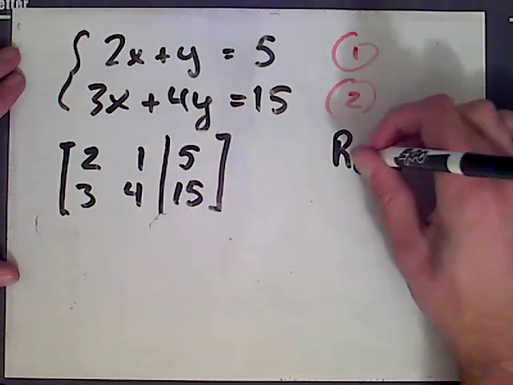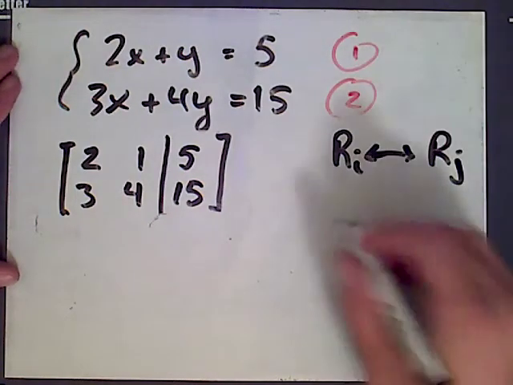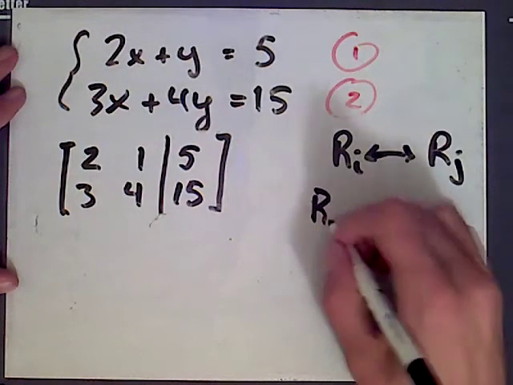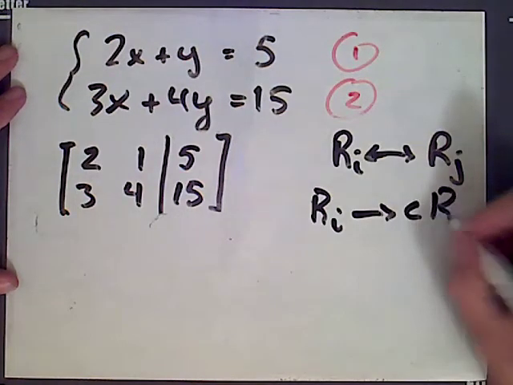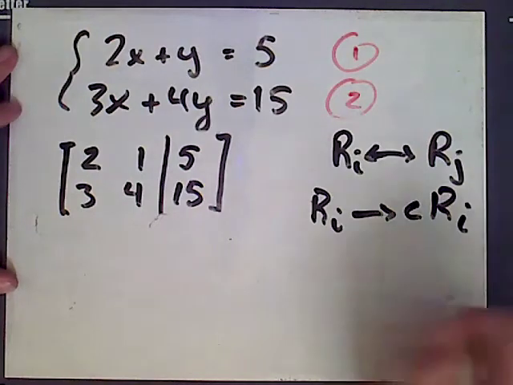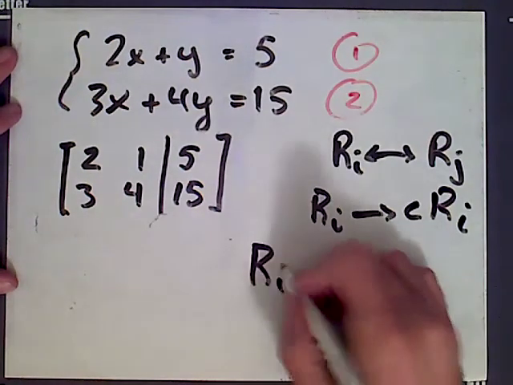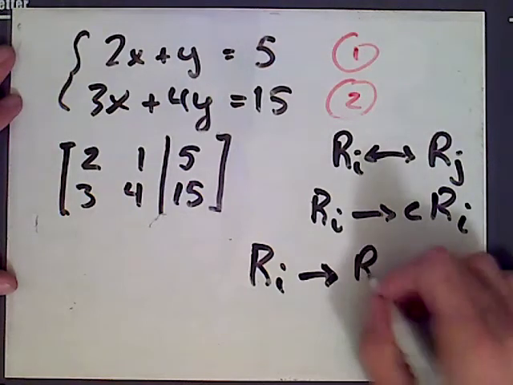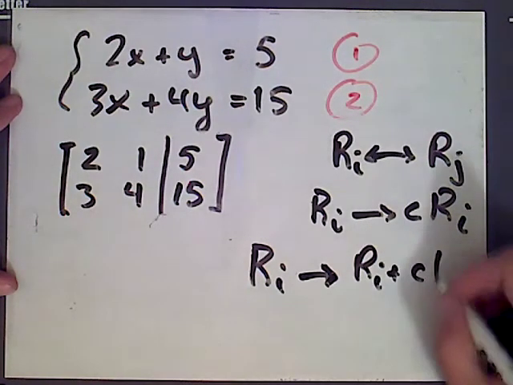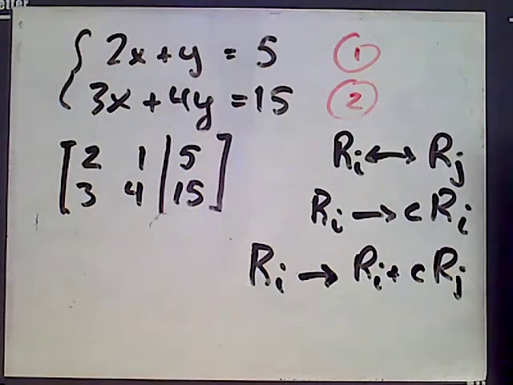Row I can be switched with row J. One row can be multiplied by a constant, some number times that row. And you can also take a row and add to it a constant multiple of another row, plus C times RJ.